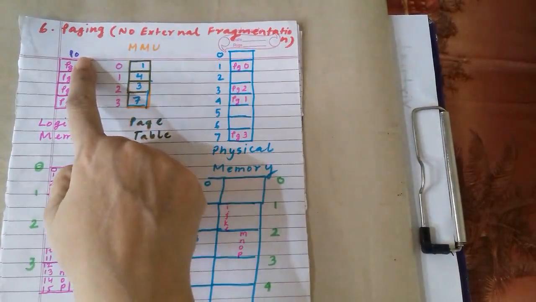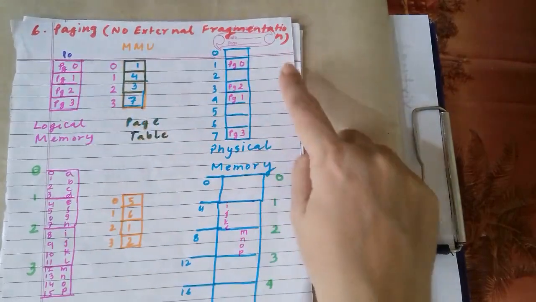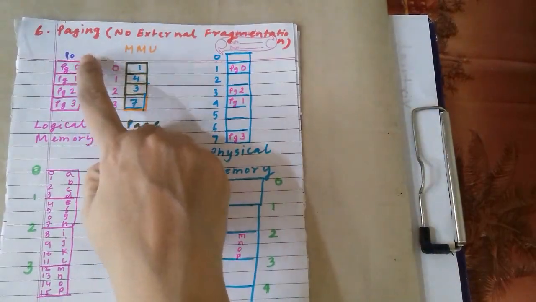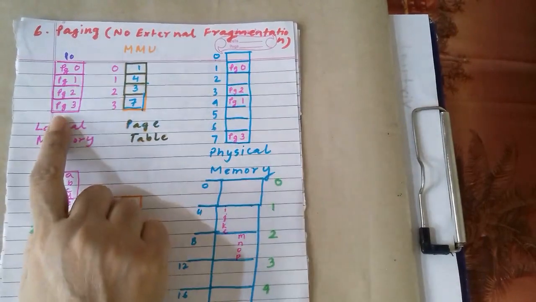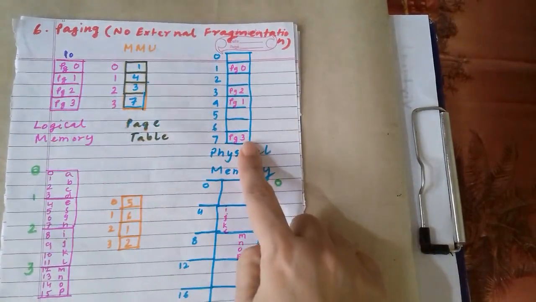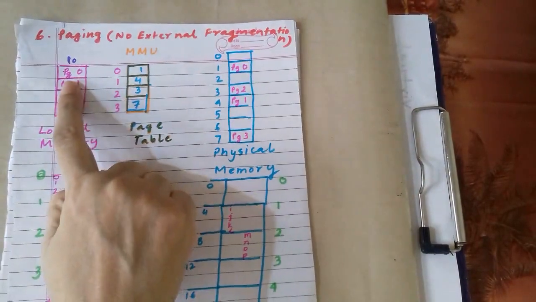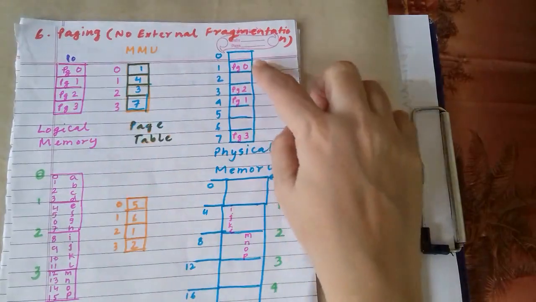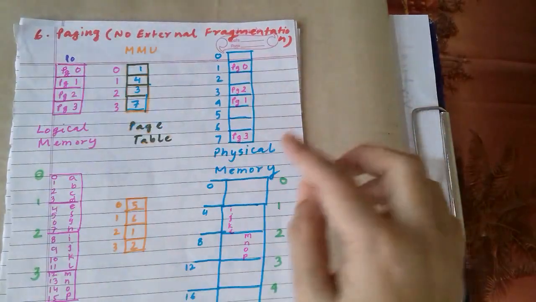If I want to execute process P0, suppose the CPU refers to pages 0, 1, 2 and 3 of process P0, we need to bring all 4 pages from virtual memory to main memory. Now, how do we know in which location of main memory page 0 is kept? It is not always simple.